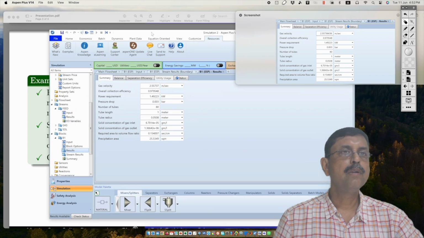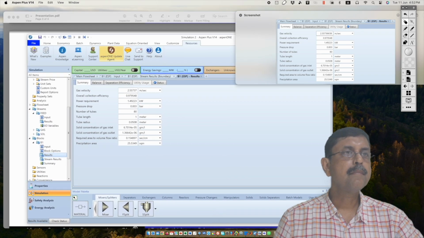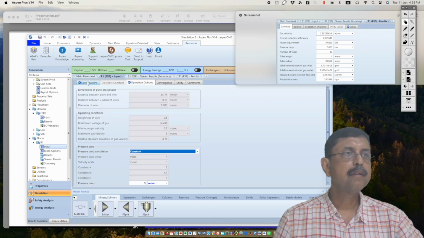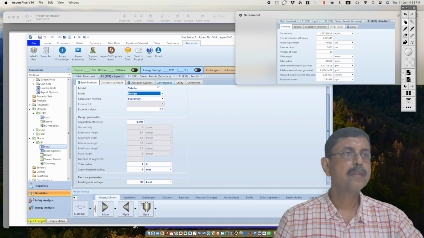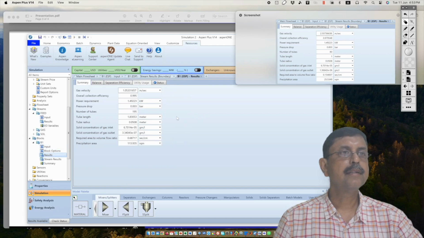So we will keep everything the same, just make it design instead of simulation. Okay, so run it. Now see the result and compare.